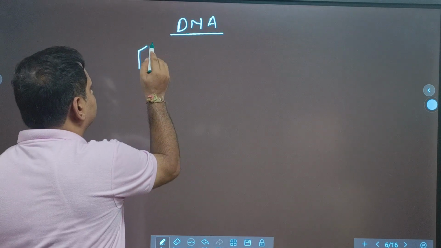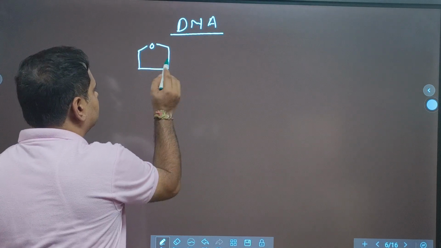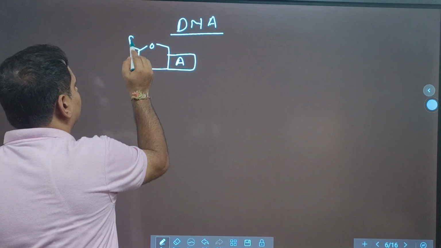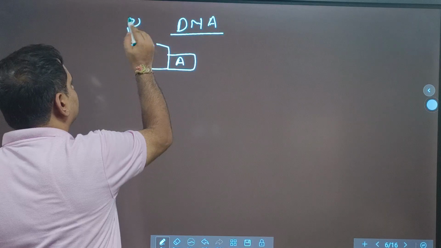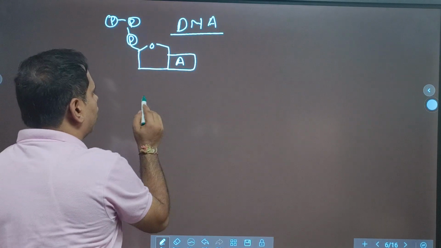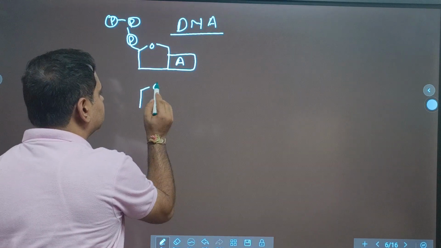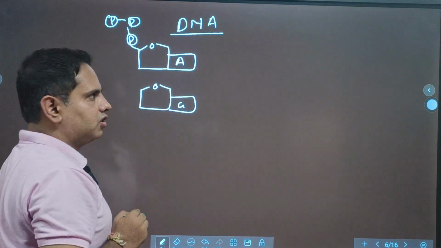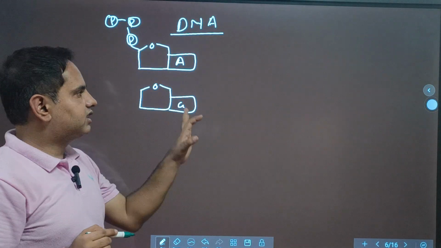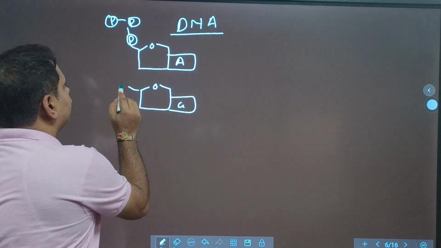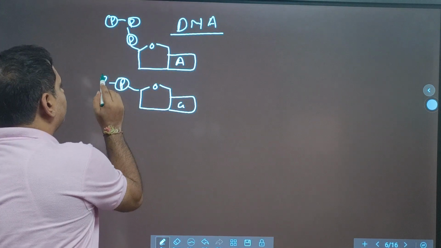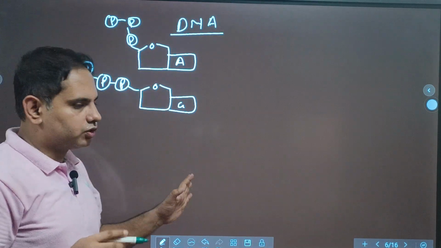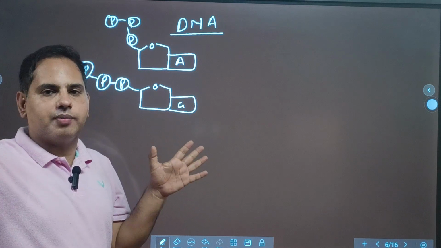You can see this is your sugar molecule, this is your nitrogenous base, here is your phosphate molecule attached, right? Then for example this is your second molecule, adenine, guanine. These are the molecules we call nucleotides, but to become a polymer they have to be attached with each other, like that, the next molecule, and it becomes a polymer.